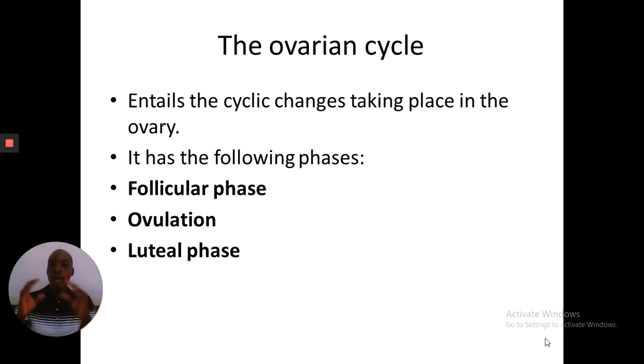Remember, the whole reproductive cycle is all about preparation for reproduction. So every 28 days or so, the body of a female human being prepares to make and carry a fetus. That is what it is.